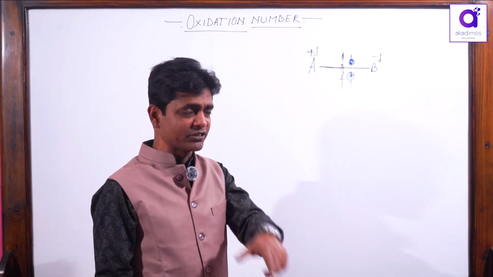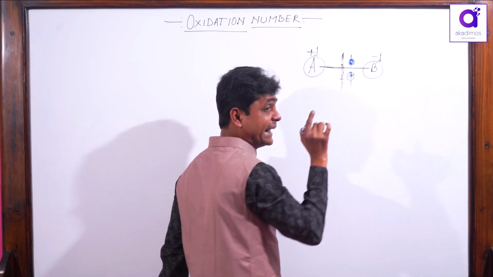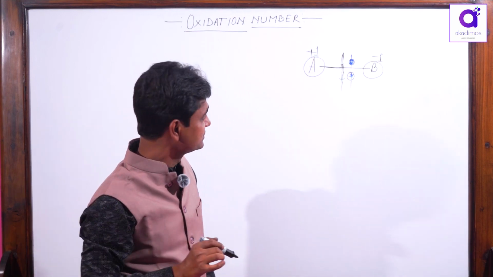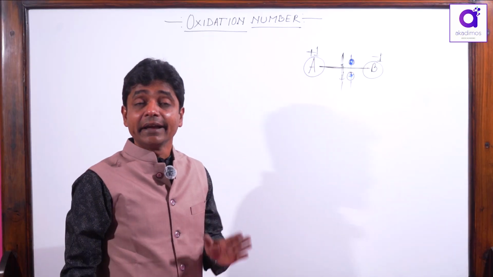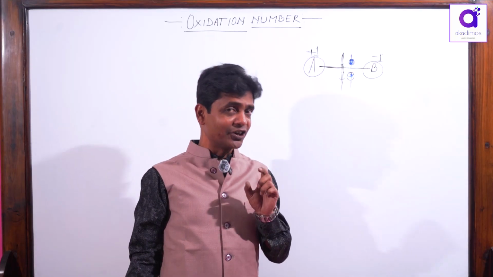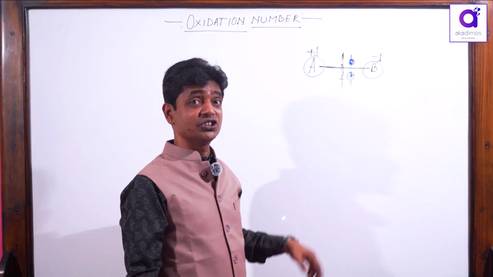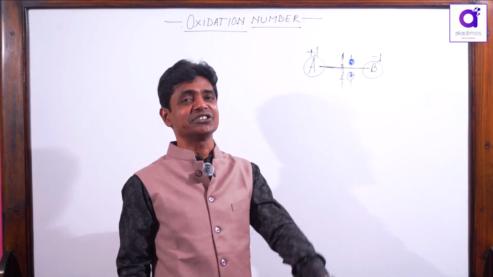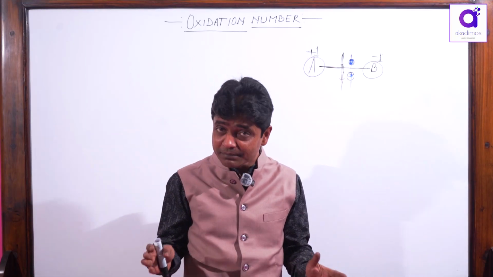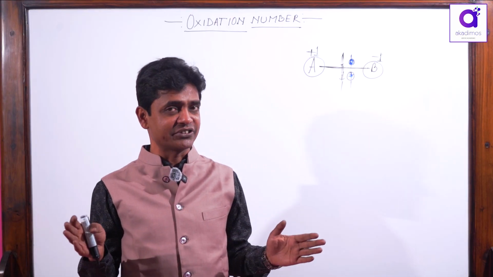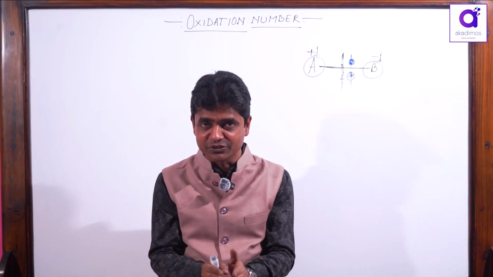That means simply you can say, for one bond, the electronegative atom will get -1 oxidation number, the electropositive atom will get +1 oxidation number. And when the electronegativities are the same, the electron clouds are symmetrically distributed, the electron pair is just in the middle of the two nuclei.